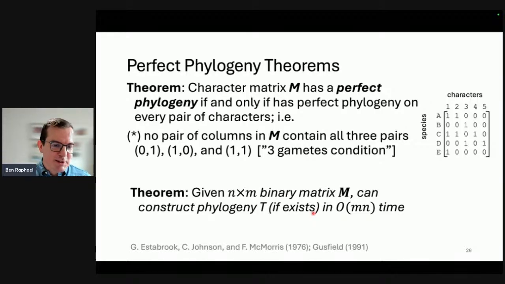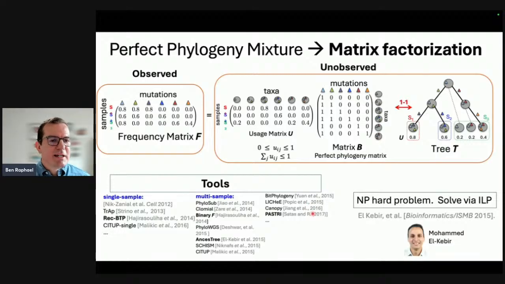Now, interestingly though, when we take this simplest model and mix it, so we look at the corresponding problem where we've measured not this mutation matrix, but instead these frequencies, as we would have in bulk sequencing, then our problem becomes to deconvolve this matrix, i.e. find the tree and the leaves of the tree, which when mixed together gives us this frequency matrix.